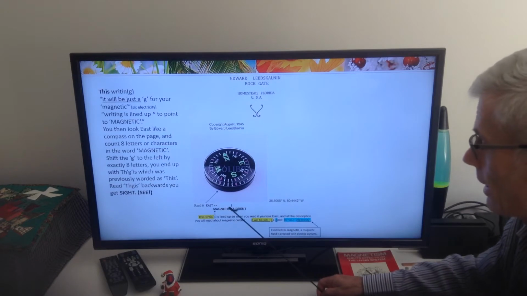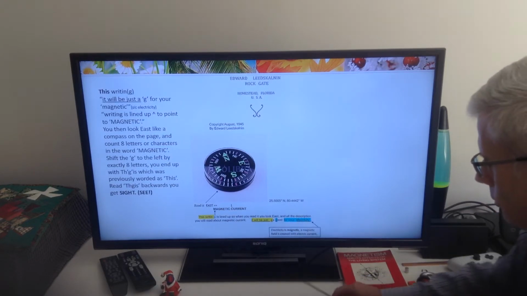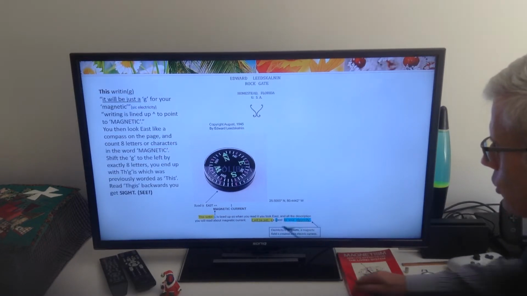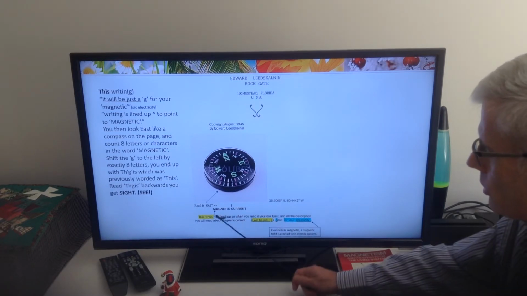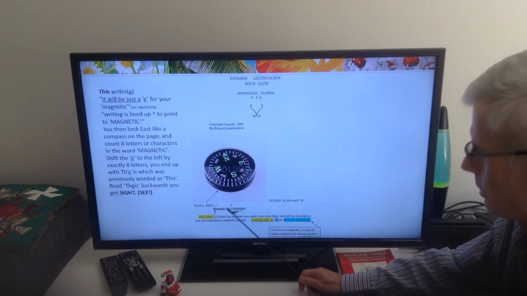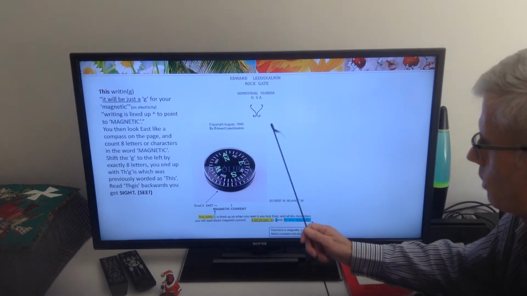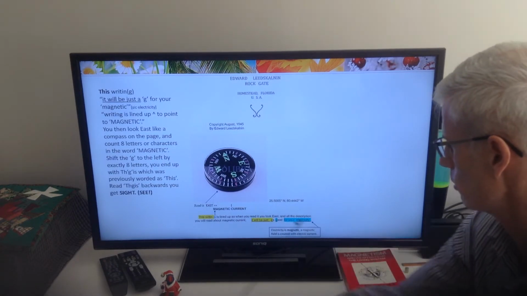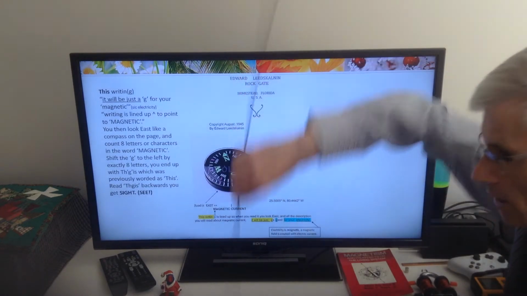Magnetic itself has got 8 characters, and down here it'll be just as good for your electricity, or you can say it'll be just a G. So we're looking for a G. So there's the G. Magnetic, and east, if you were to orientate a compass on this page, east would be pointing that way, west that way, north that way, and south that way.